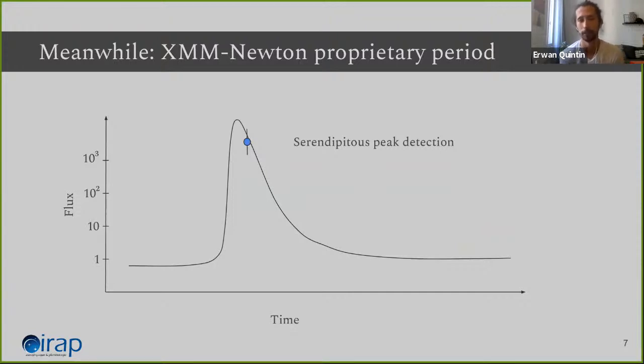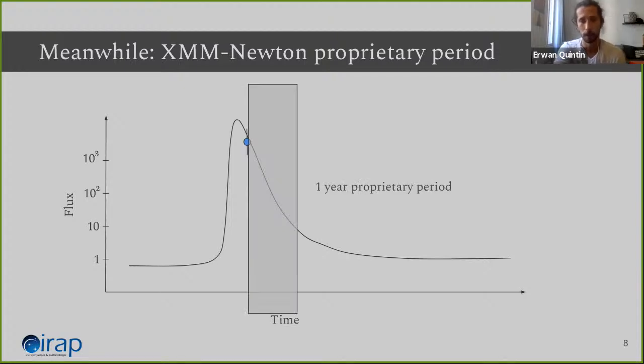Meanwhile, I'm going to shortly explain how XMM Newton handles transient events. Let's say we have a typical light curve of a transient X-ray event with a serendipitous detection of the event at the peak. XMM Newton has a 1-year proprietary period during which the data is only available to the PI of the observations, which means that nobody else has access to it.